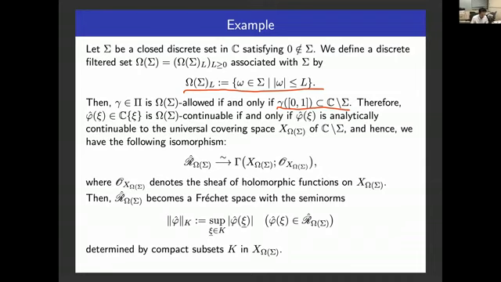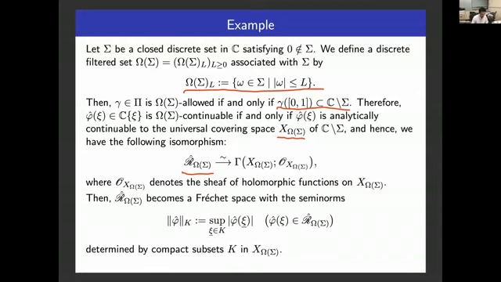And therefore pi hat xi is omega sigma continuable if and only if pi hat xi is analytically continuable to the universal covering space. We denote it by X omega sigma of C minus sigma. And hence we have the following isomorphism. So we defined an element in R hat omega sigma by the analytic continuability of the functions.